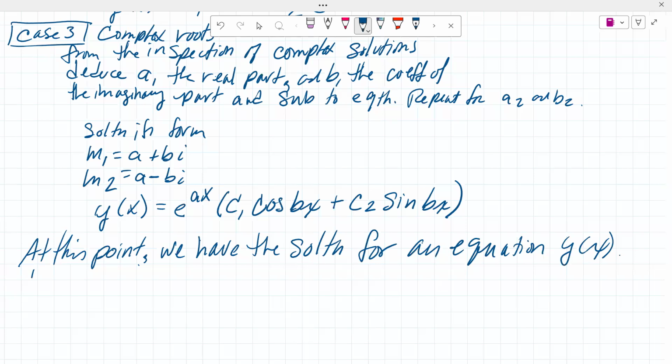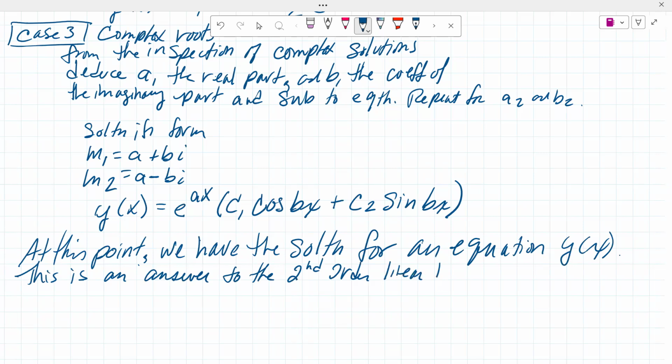This is an answer to the second order linear homogeneous differential equation. Done, right?